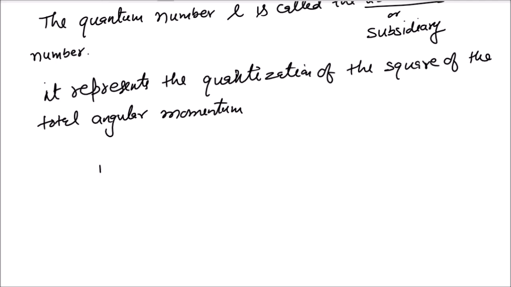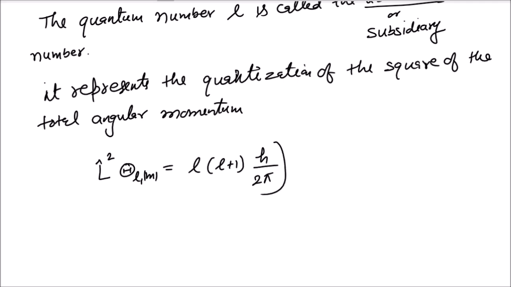It is like L square equal to L into L plus 1 into h upon 2 pi whole square.